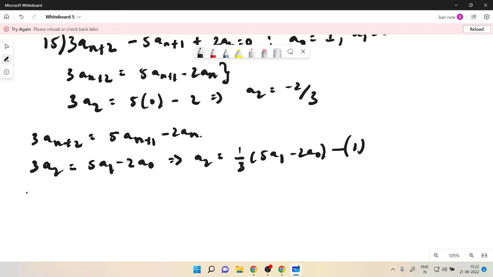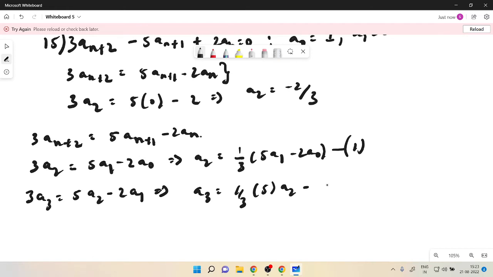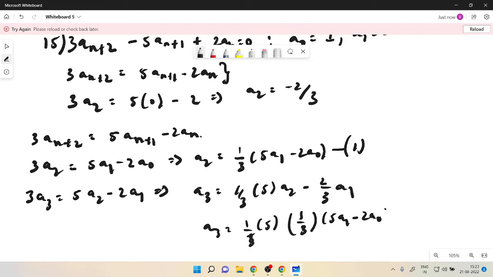Next, 3a3 equals 5a2 minus 2a1, so a3 equals 1/3 times 5a2 minus 2/3 times a1, and substituting a2 gives 1/3 times 5 times (1/3 times (5a1 minus 2a0)) minus 2/3 times a1.